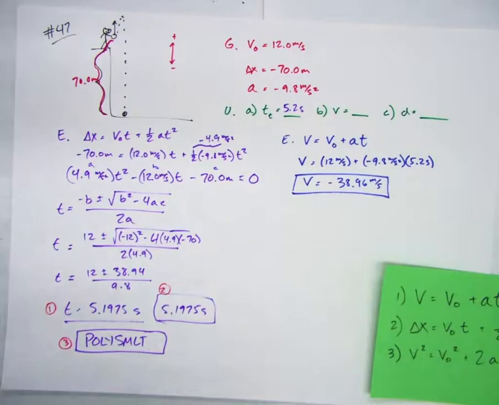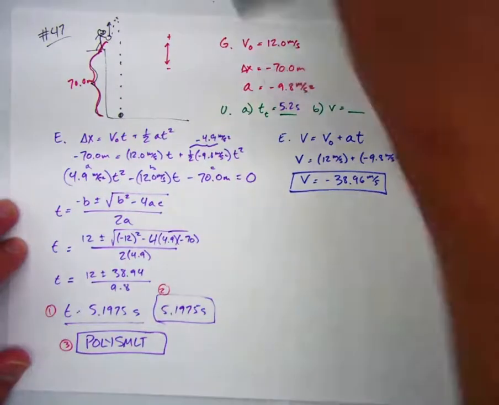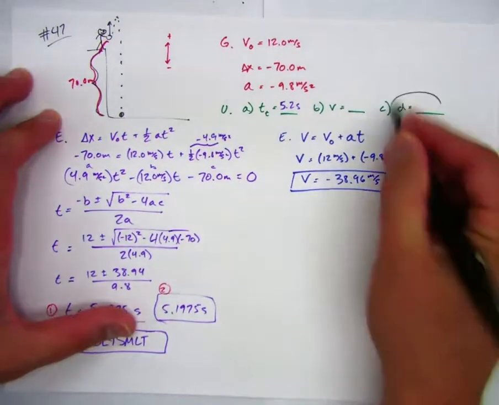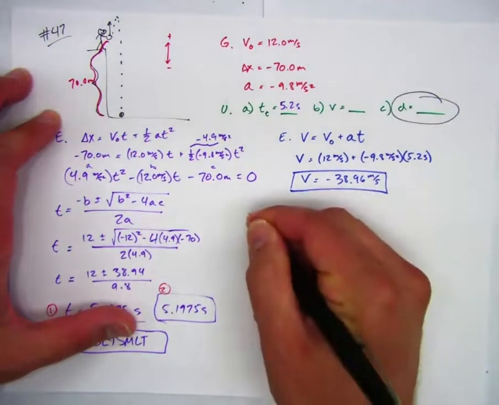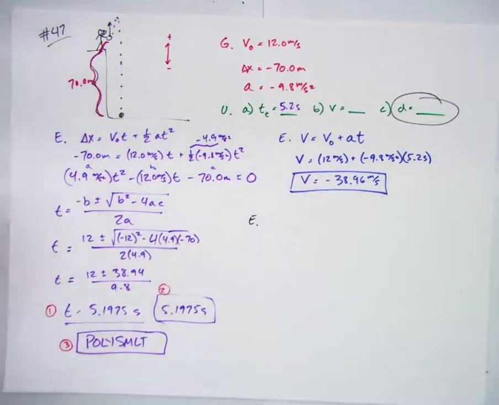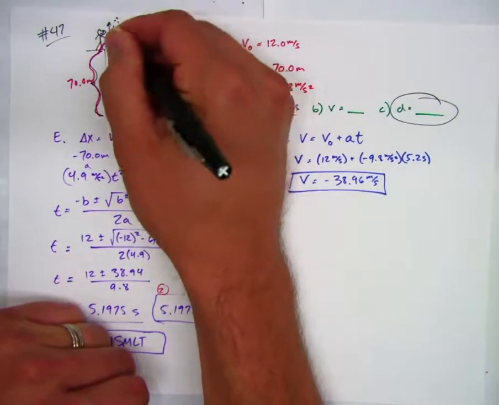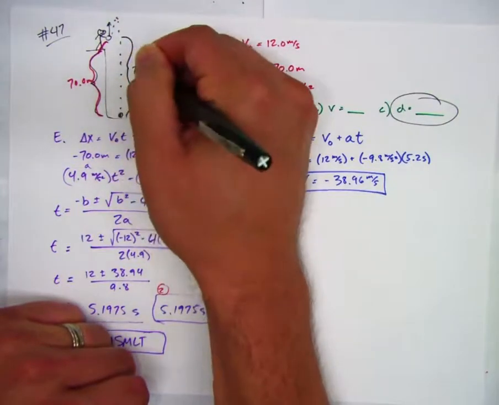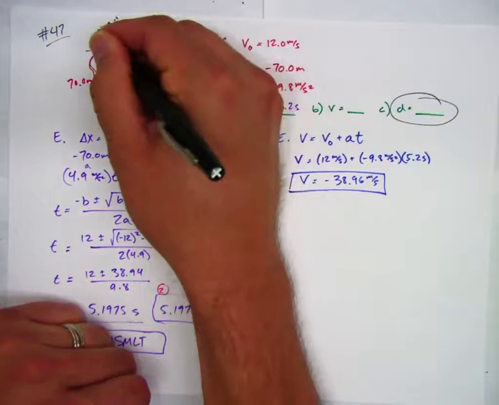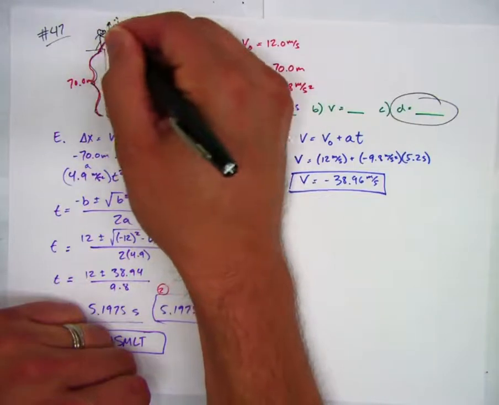Okay, one more. Go back to black. The last question was, what is the total distance the ball travels while it's in flight? Okay, now this one's a little bit more challenging. Because the only distance we know is this 70 meters that it travels from where it reaches back to where I threw it to the ground.